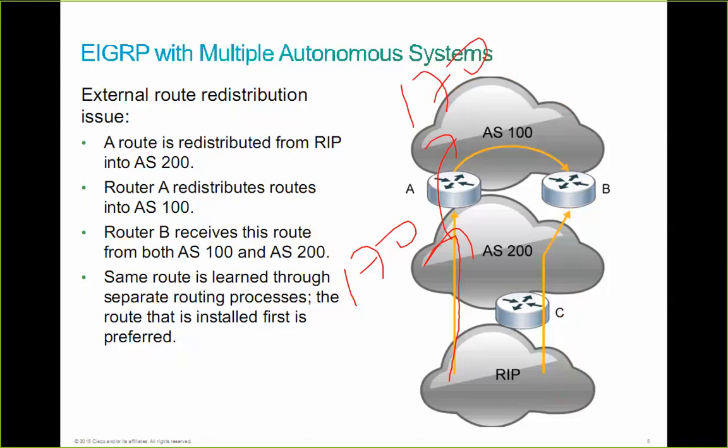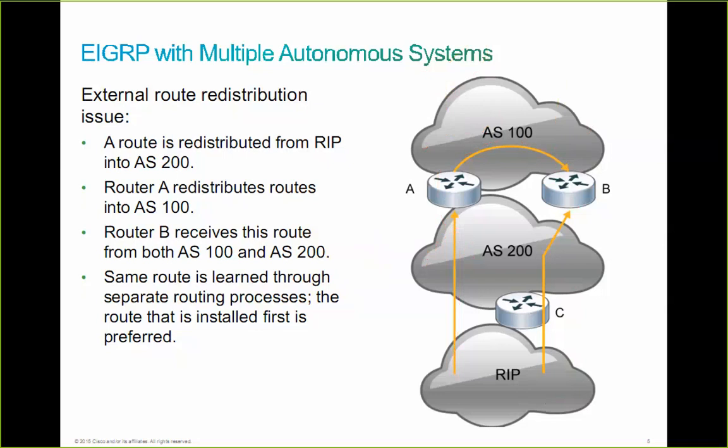Well, certainly internal routes are going to be preferred over external routes because of the AD values. But the problem is that router A may be a better path, or router B may be a better path to reach those RIP routes. We don't know, right? Leaving this autonomous system, should I go to router A or should I go to router B? There's no way to really know this because of the administrative distance.